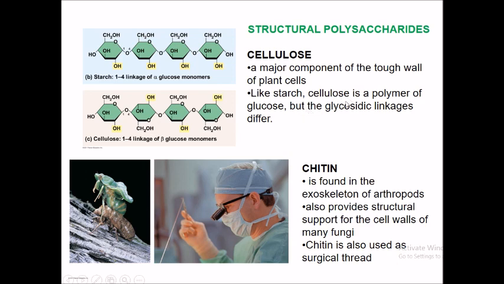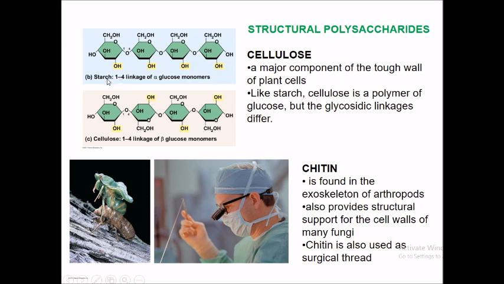Cellulose is made up entirely of glucose monomers. However, the difference between cellulose and starch is the glycosidic linkage.